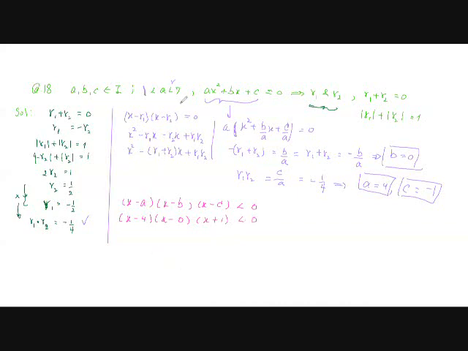Now we can do the testing point. Then you can take a look. Now you have what? From here the key numbers for X are 4, 0, and negative 1.